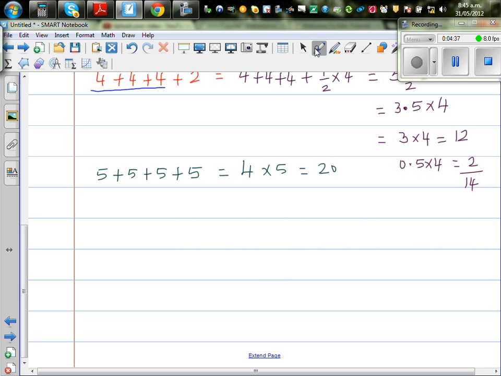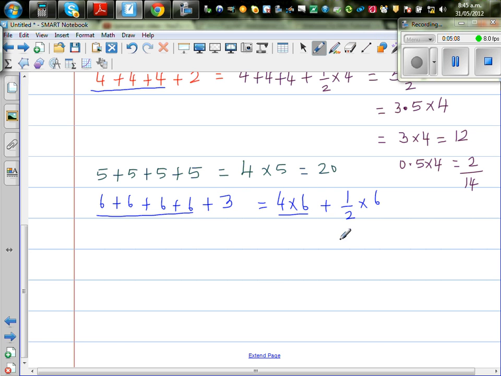What if it is 6 plus 6 plus 6 plus 6 plus 3? This is 4 lots of 6, and this 3 can be written as half of 6. You should know this is 24 plus 3 is 27.